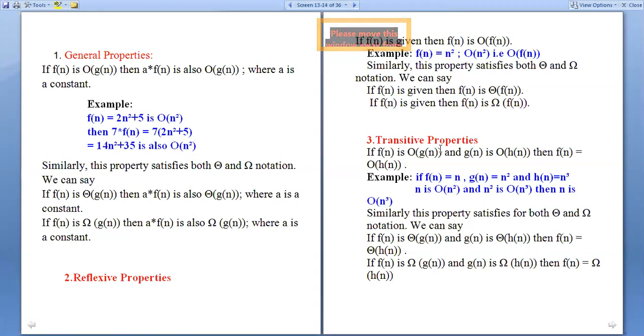If x is same as y, and y is same as z, then x is also same as z. That is a transitive property. So if f of n is big O of g of n and g of n is big O of h of n, then f of n is big O of h of n.